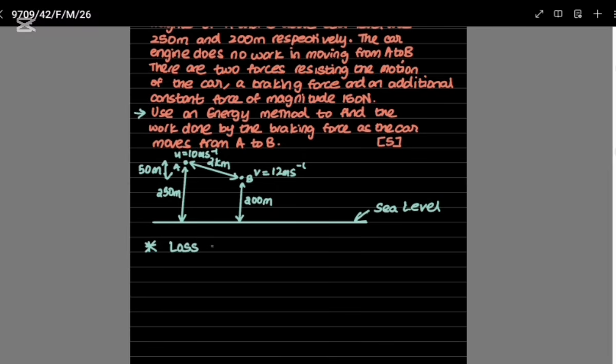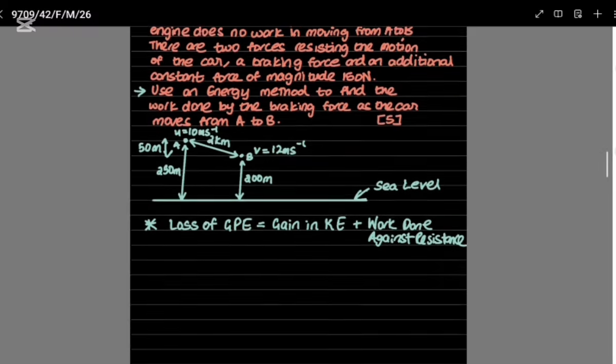So loss of gravitational potential energy is equal to gain in kinetic energy, because the speed increases, plus work done against resistance. So keep a note of that.